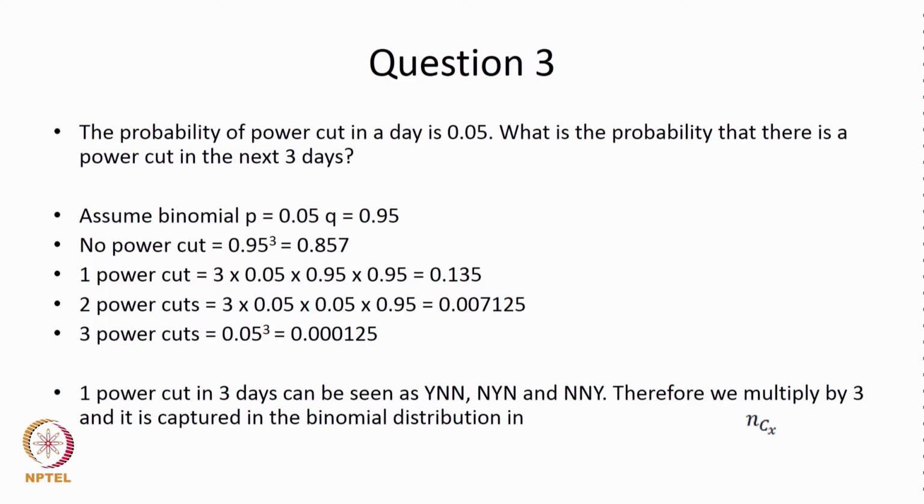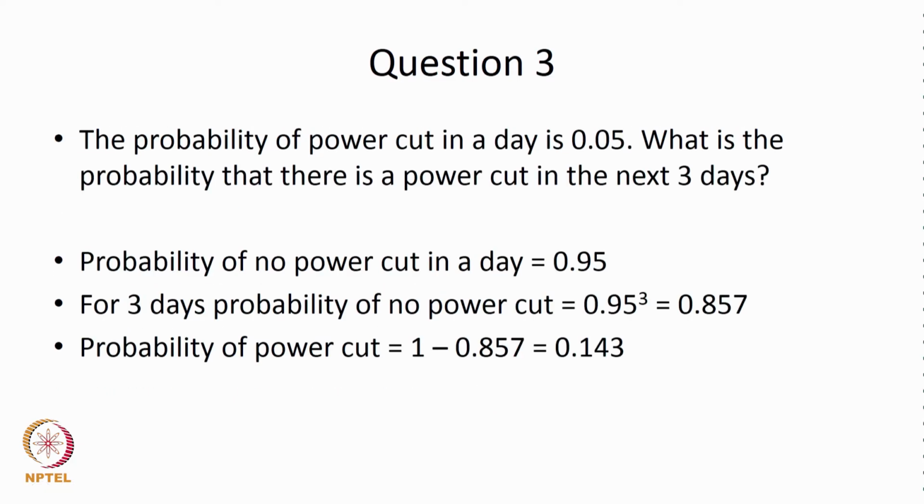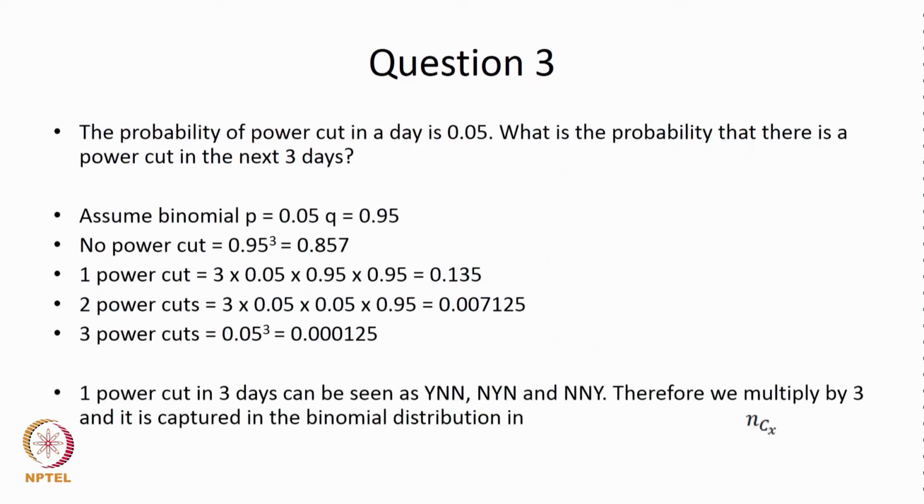So therefore we multiply by 3, which comes here, this 3, which is captured in the nCx, which is in the binomial distribution. So finally the answer that we got here is 1 minus 0.857, which is 0.143. So probability of one or more power cuts in the next 3 days is 1 power cut plus 2 power cuts plus 3 power cuts, which is equal to 1 minus probability of 0 power cut.